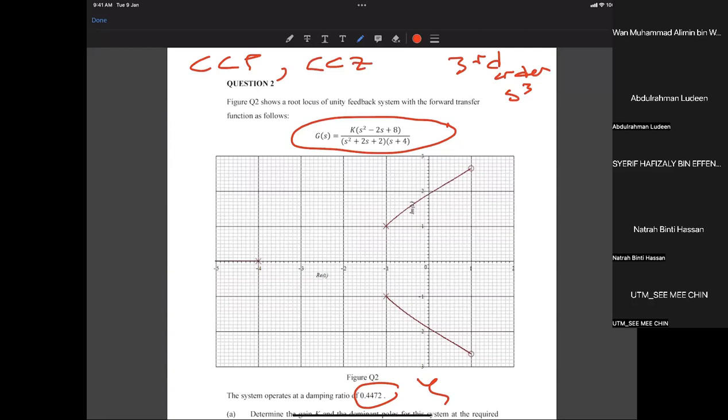CCP, CCZ. And then the system is type 0, because there is no pole at the origin. So this is the plot. The plot starts from the poles, ends at zeros, and the last one ends at infinity.